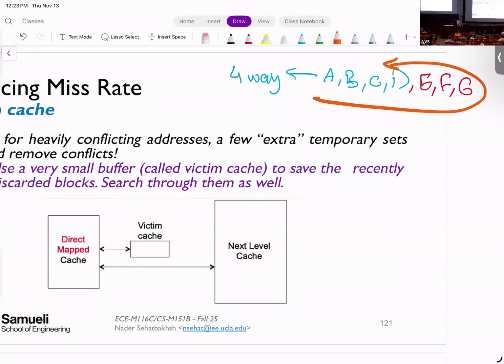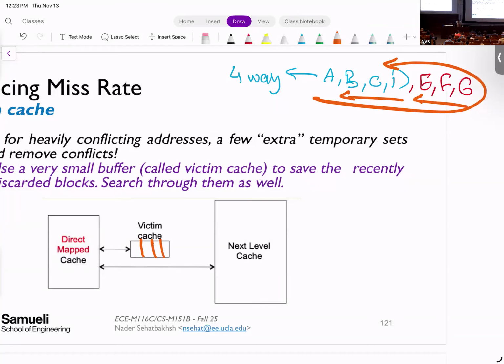So A, B, C, D, E, F, G, A, B, C, D, E, F, G, okay? What will happen is that these guys are going to kick these guys out. So we're going to have a lot of misses because we don't have enough ways to store this data.